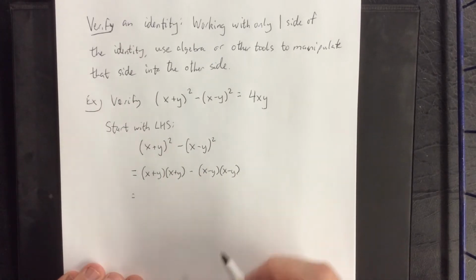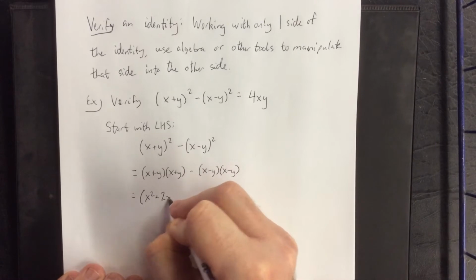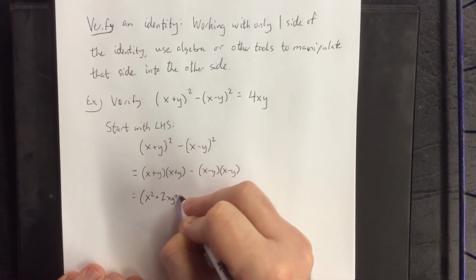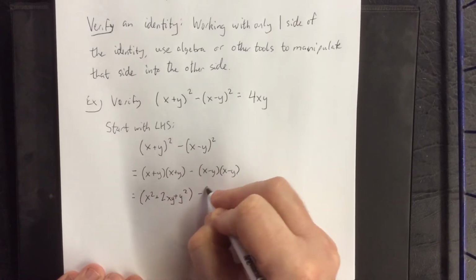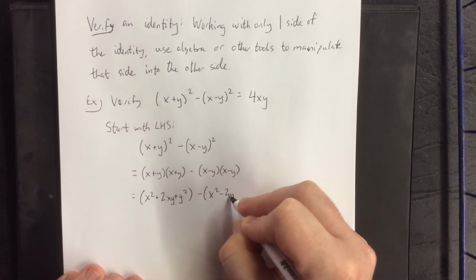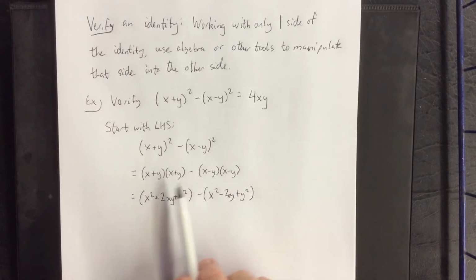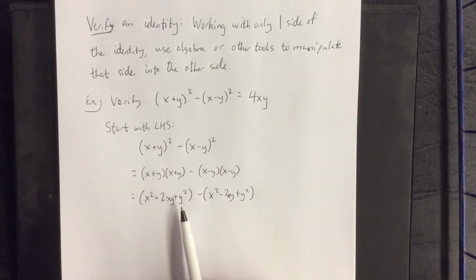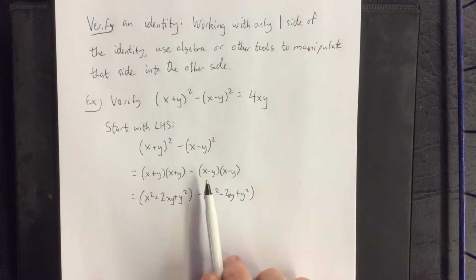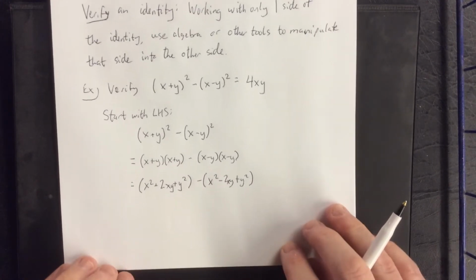Then, my second favorite four-letter F word, we're going to FOIL. When we FOIL, in both of these cases, the inner term and the outer term will be equal to each other. So the first one will be x squared plus 2xy plus y squared. The second one will be x squared minus 2xy plus y squared.